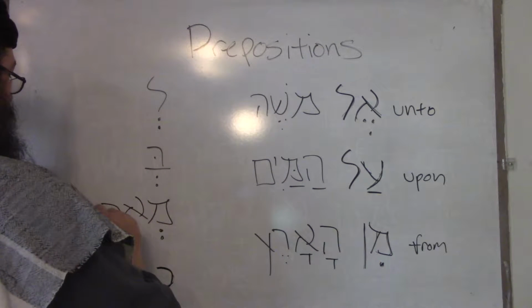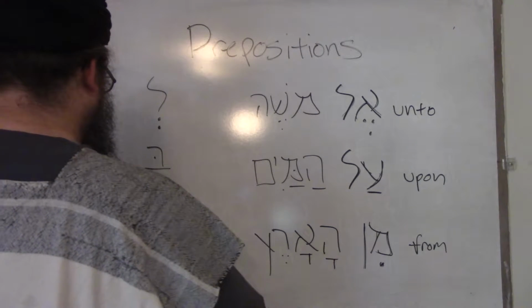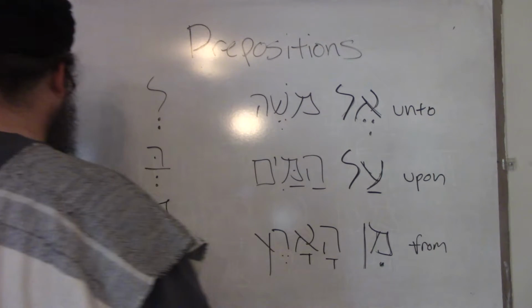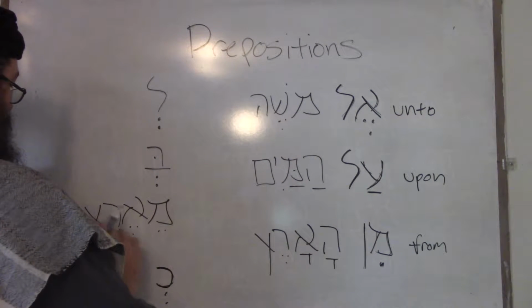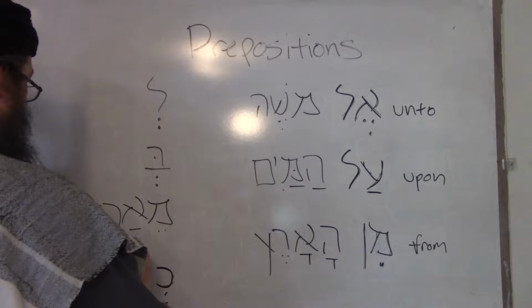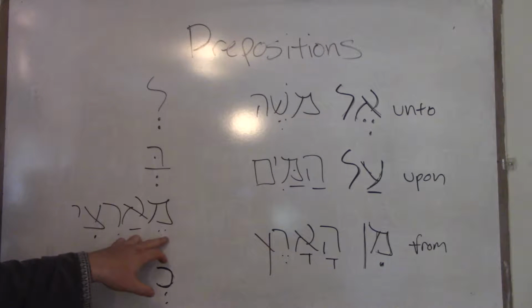For example, with the word me'eretz, from a land. If I wanted to make this definite, we would change this to me'artzi, from my land. So now we have our noun and we have mem.